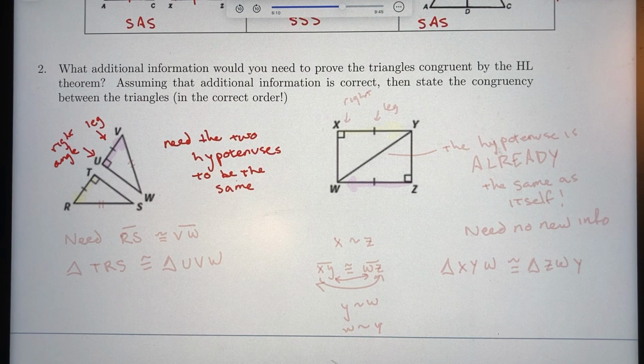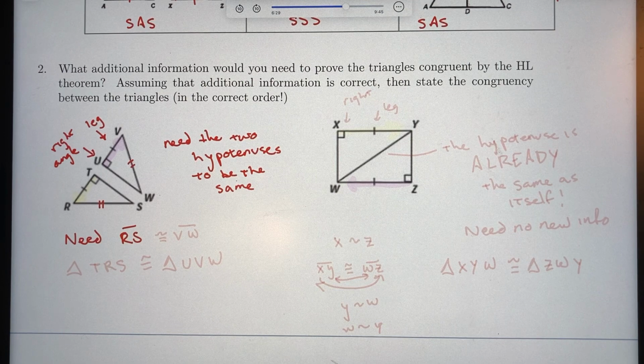Okay, so first the marks. So we would need segment RS. Now, let's be good and put that in the correct order.